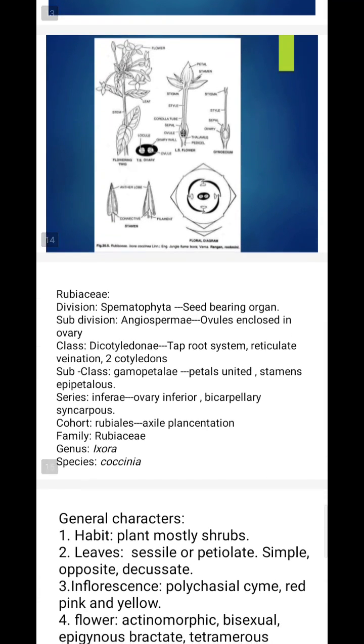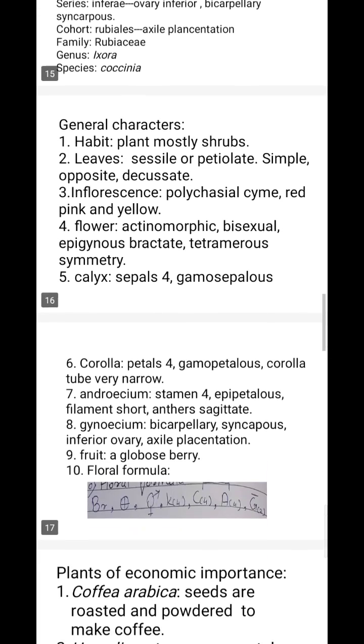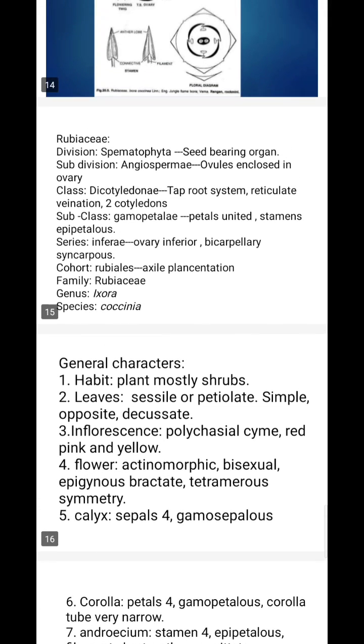In your notes you have to first write down the classification of Rubiaceae. In classification, you first write down the division: Spermatophyta, having characters like seed bearing organs. Then subdivision Angiospermae, which contains the ovules enclosed in the ovary.